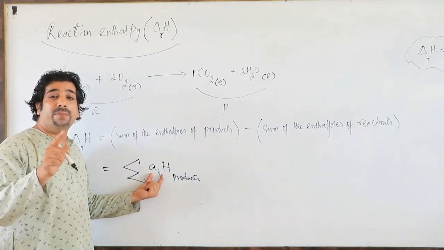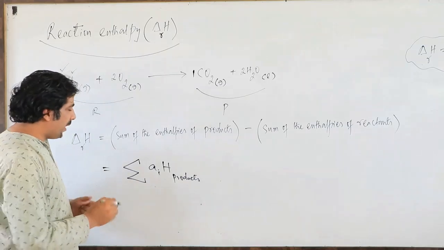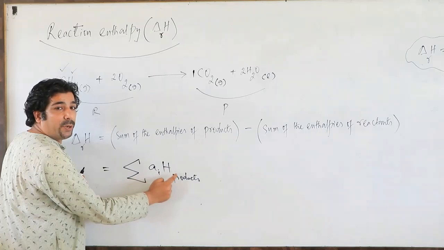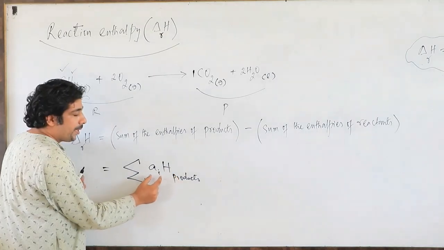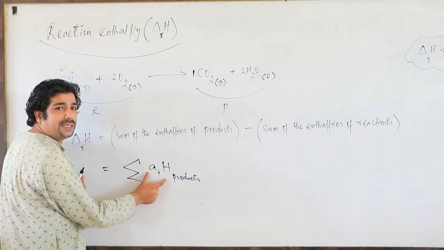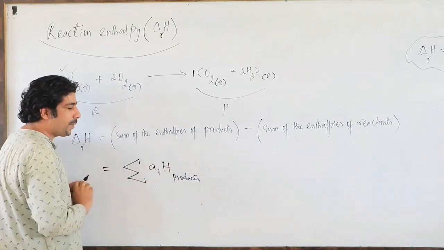Remember that. This is the sum of the enthalpies of products multiplied by their stoichiometric coefficients, meaning the number of moles of products.